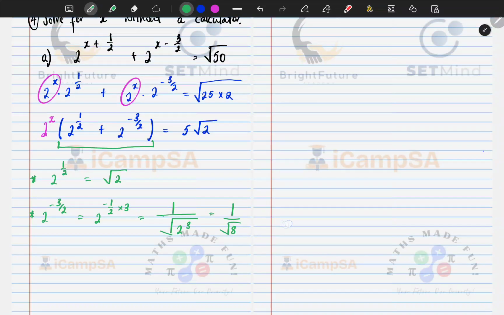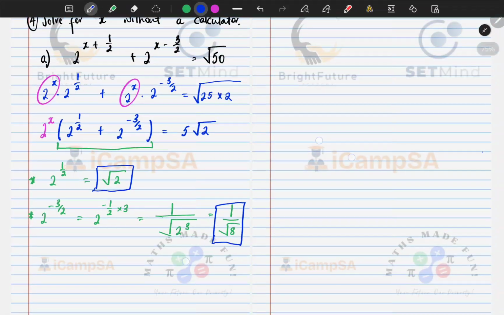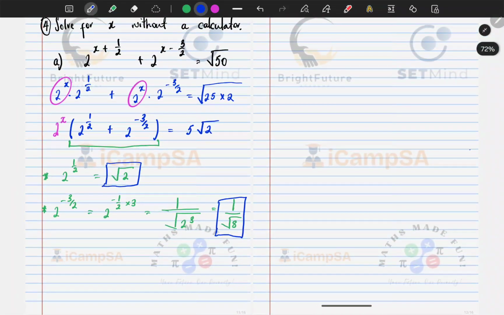So now you have two things. You have that, which is in its simplest form, and you also have this, which is also in its simplest form. So we are going to go ahead now and substitute that into here and here.